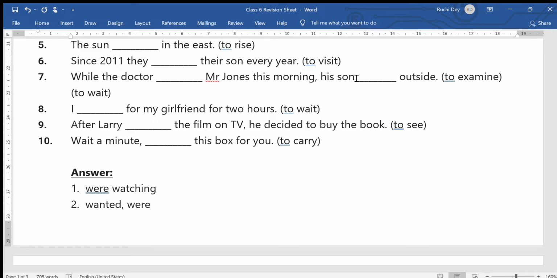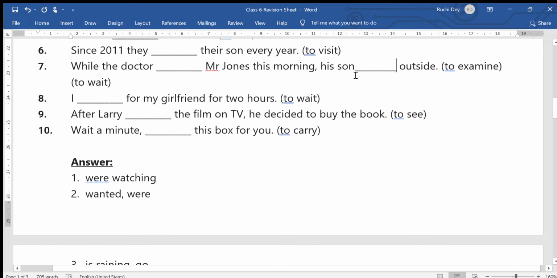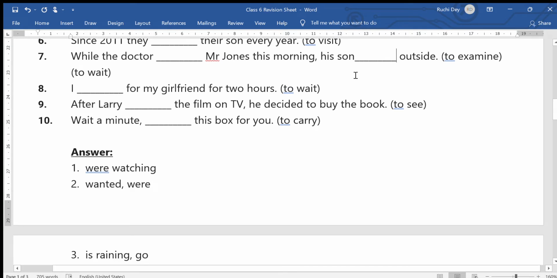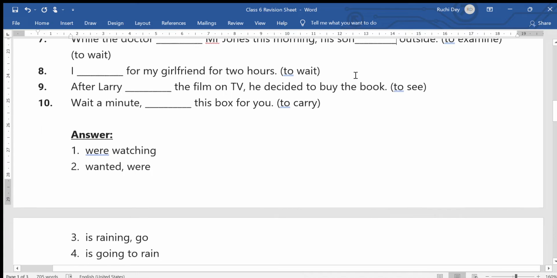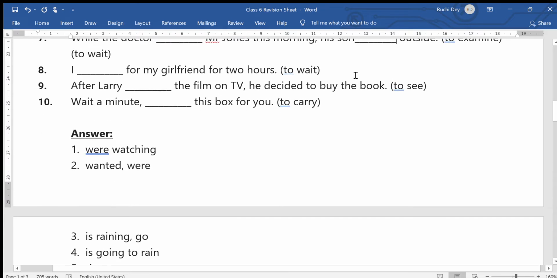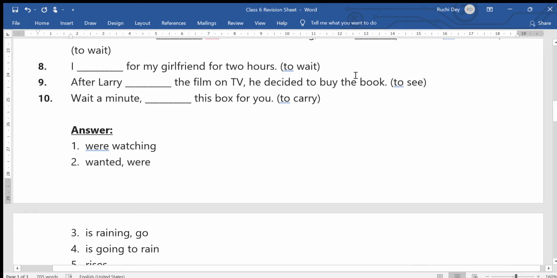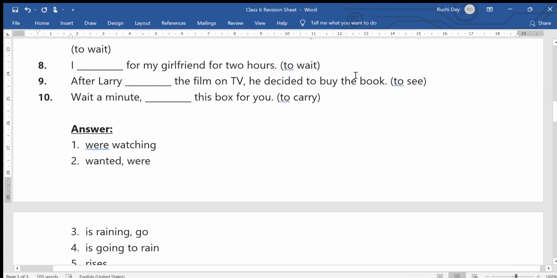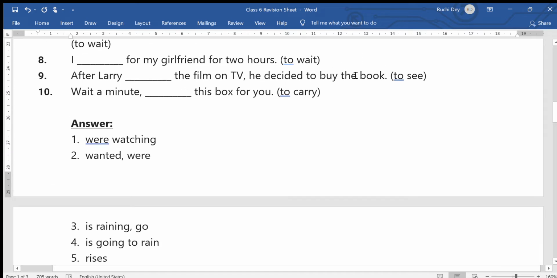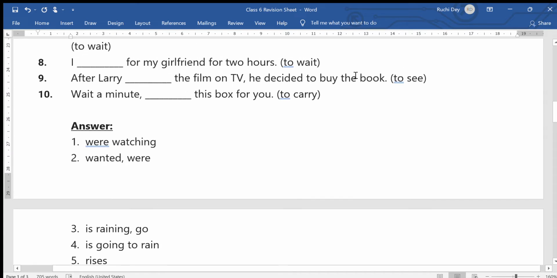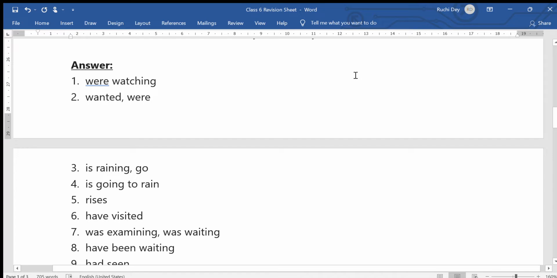Okay, let's move further. I dashed for my girlfriend for 2 hours. Now these are two little girls waiting to meet each other. So she says that I am waiting for my girlfriend for 2 hours. That means she's still waiting. Oh, of course not.